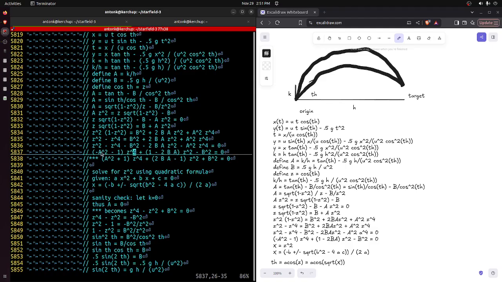So this is 0, this is going to be minus 1. This is going to be 1 because a is 0. And this is just going to be, so okay, there's a minus sign in here, right?